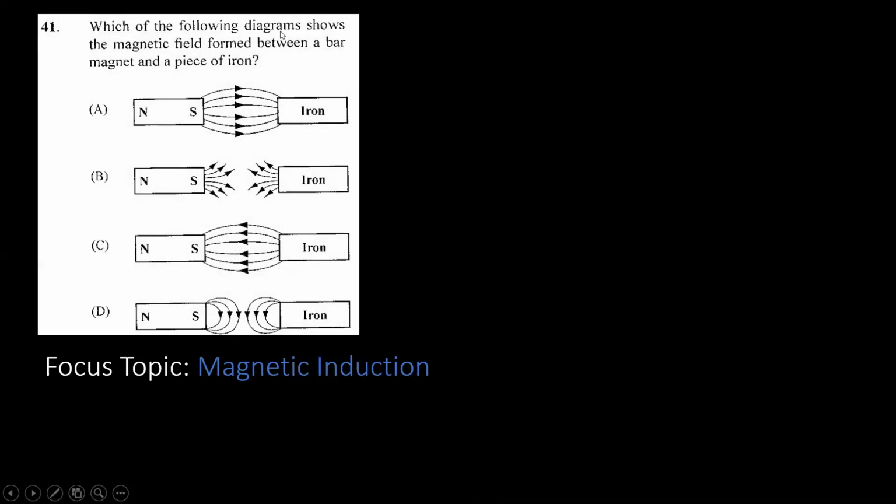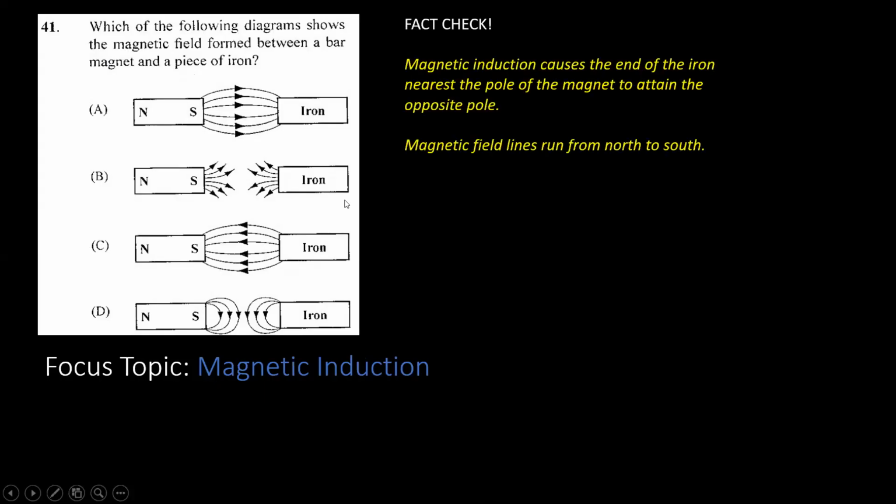41, which of the following diagrams shows the magnetic field formed between a bar magnet and a piece of iron? We have magnetic induction occurring here, and once the S pole of the magnet is brought near to the iron, the nearer side of the iron will become an N pole, and we know that magnetic field lines run from north to south.